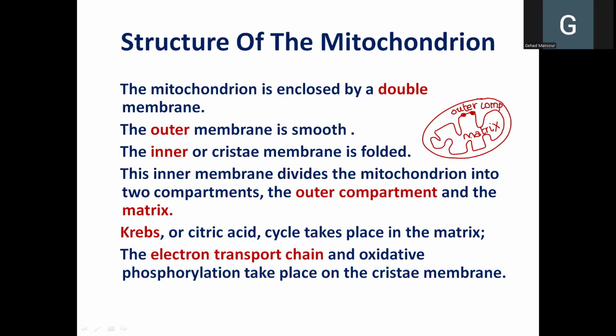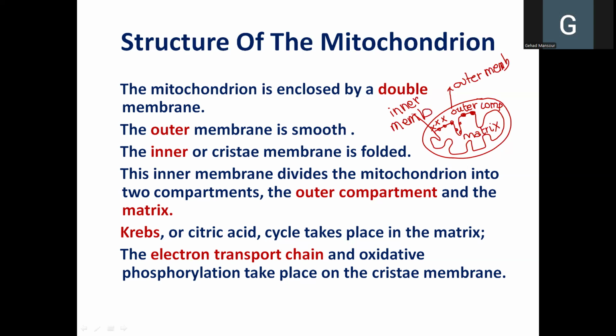So when we say the matrix, we mean all that is inside the inner mitochondrial membrane. And when we say the outer compartment, we mean the compartment that lies between the outer mitochondrial membrane and the inner mitochondrial membrane.